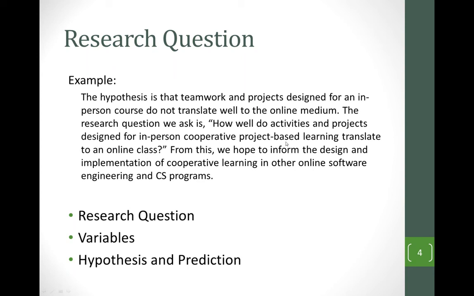And we're looking to see how well these translate, so we are looking at learning in some aspect. Does the implementation of this one task change between online and in-person? And does the impact change? So we can easily start picking out the high-level variables from this research question.